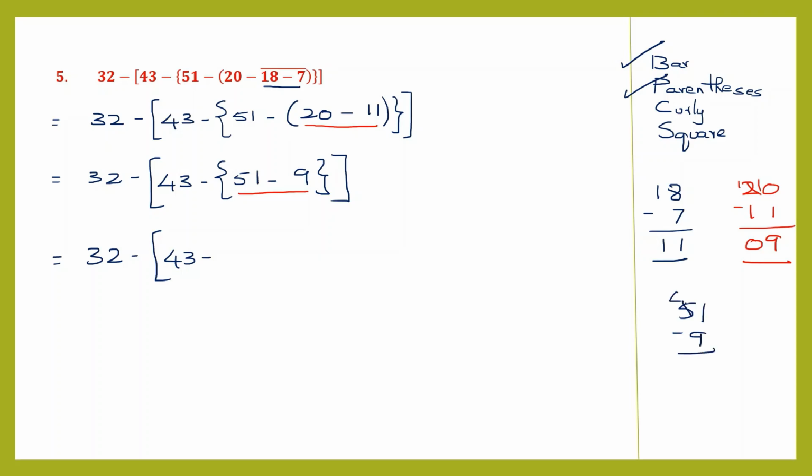So this is 4 and then 11 minus 9 is 2, 42. So 43 minus 42. Now put back the square bracket. This is the only one left, so this is the last bracket that we need to remove. So 43 minus 42 is 1. 32 minus 1 is 31. So 31 is our final answer.